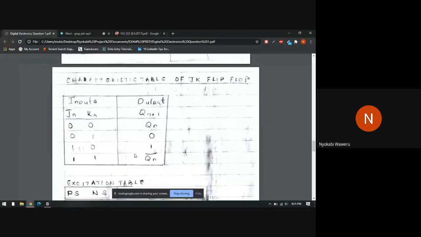I didn't write it down, but synchronous counters are counters where a single clock pulse is used to change the bits of the counters simultaneously. So that's what synchronous counters are.